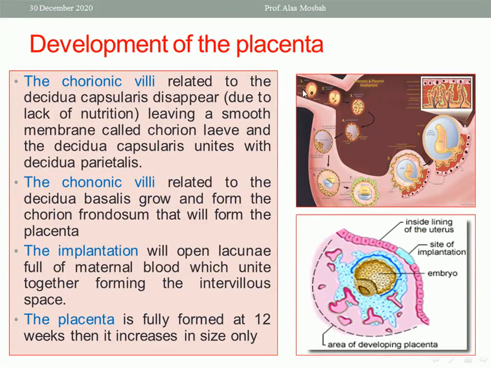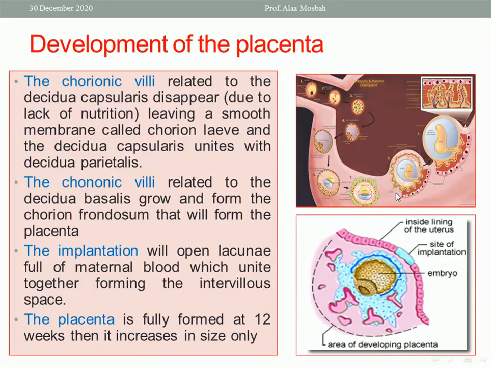Okay, look at this picture. This is the fertilized ovum migrating from the fallopian tube to the uterine cavity to be implanted like that. Then this blastocyst with outer syncytiotrophoblast and the inner cytotrophoblast covering. Okay?